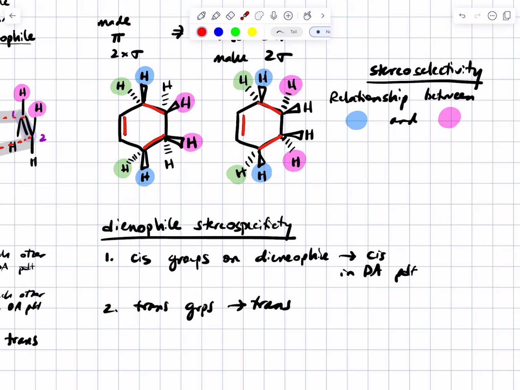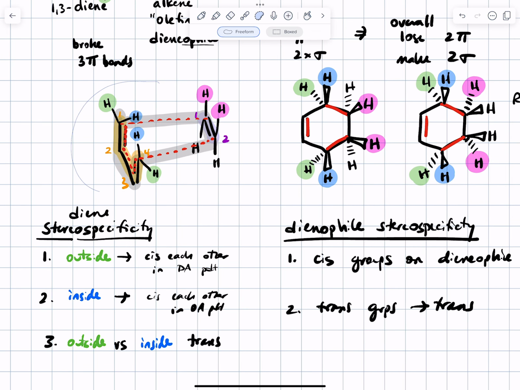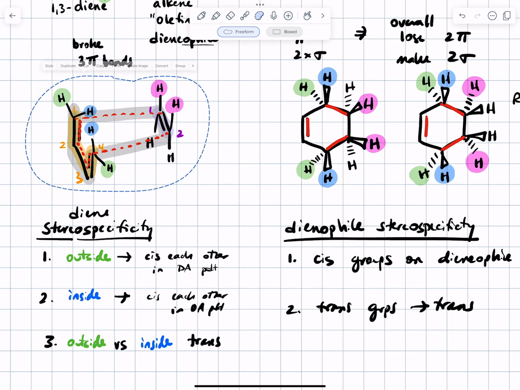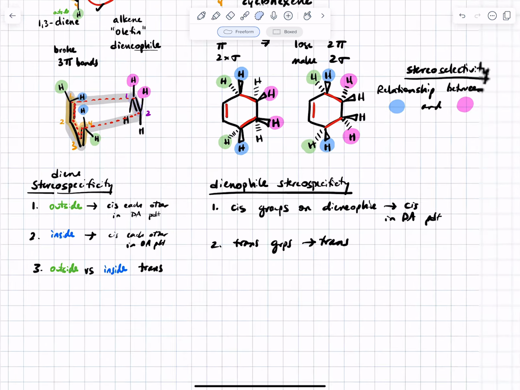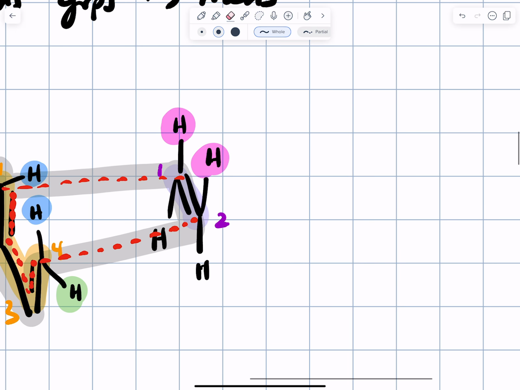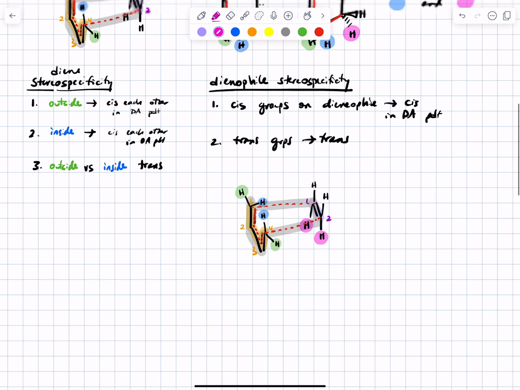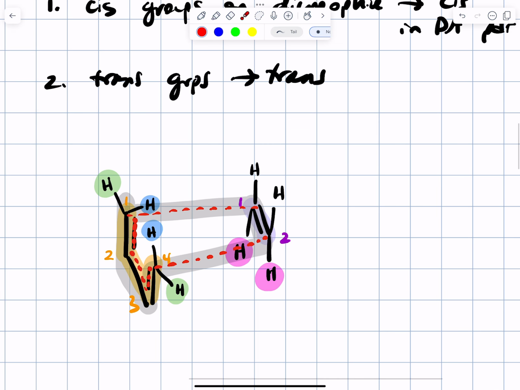When it's going from the other side, or? So we would get that if, copy, paste. We would get that option if we flipped the diene file over such that these were the pink protons. We aren't doing flip left and right, where orange 1 goes to purple 2.